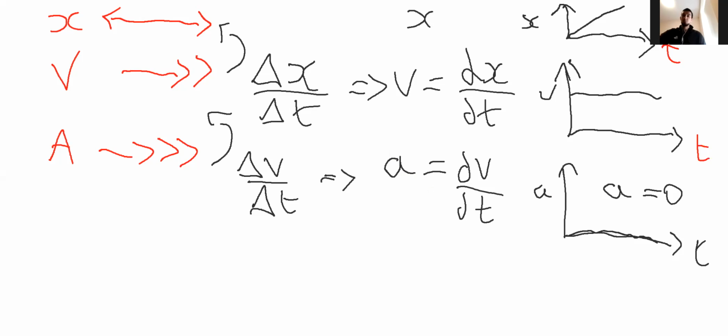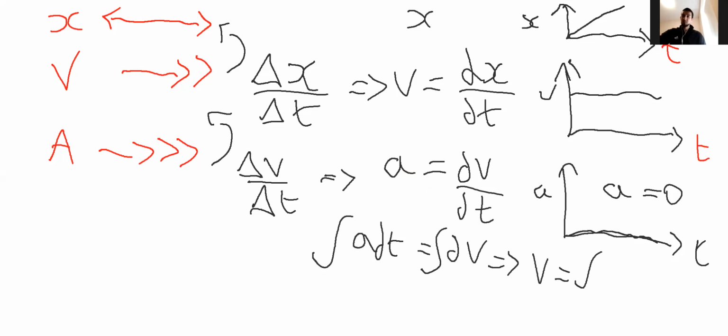As we learn in pure maths, a dt will equal dv. And if we integrate both sides, then we can find out that v equals the integral of a dt. Here we have 0 acceleration, so a is 0, so this would just be a constant. The integral of 0 is actually a constant, so that's the constant that we are left with here.